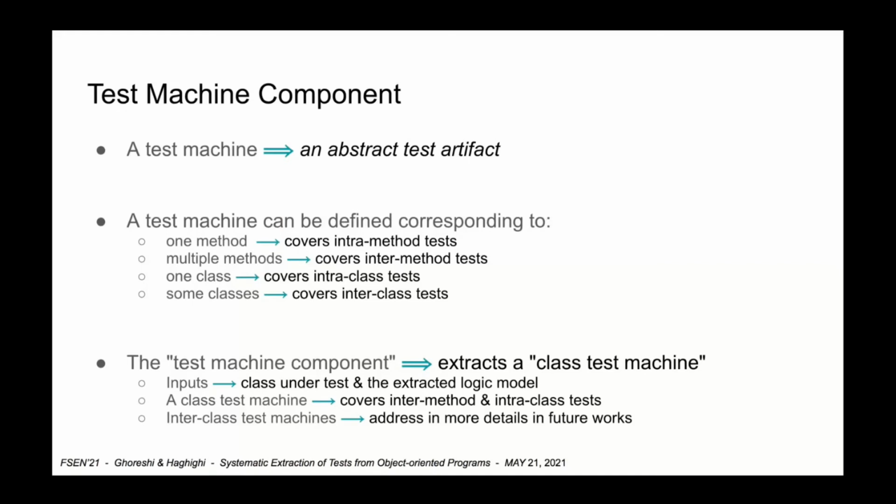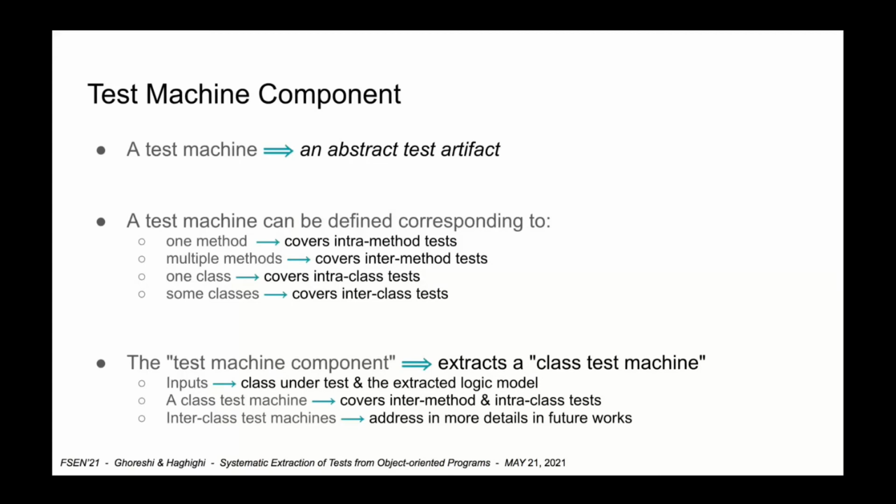A test machine for multiple methods can address testing of interaction between these methods and cover inter-method tests. A class test machine addresses class testing and covers intra-class tests. And at the end, we can also define a test machine for some related classes.